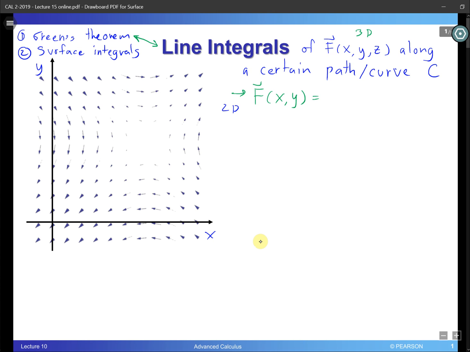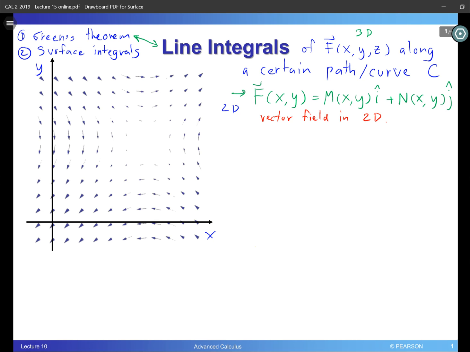So in front of i we have this function M, depends on the point you pick, first component, and then the next component j, you are going to have this function N, depends on the point you pick again, but this is for j component. And this is the vector field in 2D.